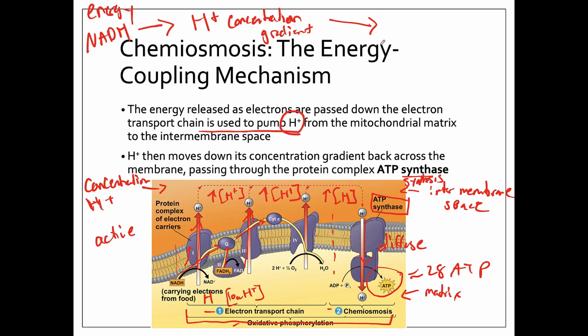Eventually, that concentration gradient is going to move through ATP synthase, and it's going to store the energy in ATP. So it's not a direct link from NADH to ATP. We first have to store the energy in a hydrogen concentration gradient, and then we can use that gradient to power the production of ATP.